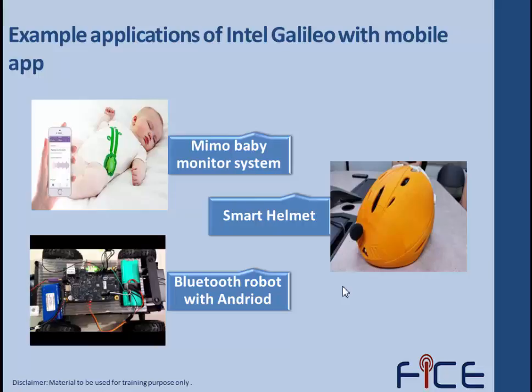Apart from this, the robot records environmental parameters like temperature and light intensity by using the temperature sensor and light sensor. And the values we are getting from the temperature sensor and light sensor are then displayed on the smartphone. So these are some real-time examples where Intel Galileo or Intel Edison are used with mobile apps.